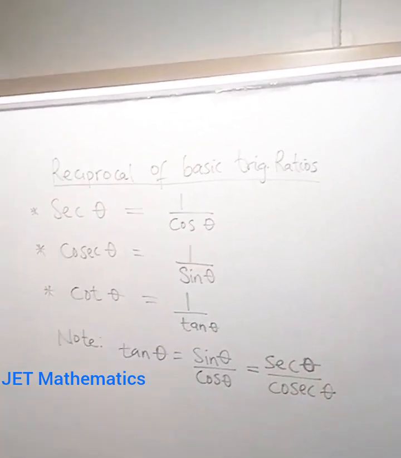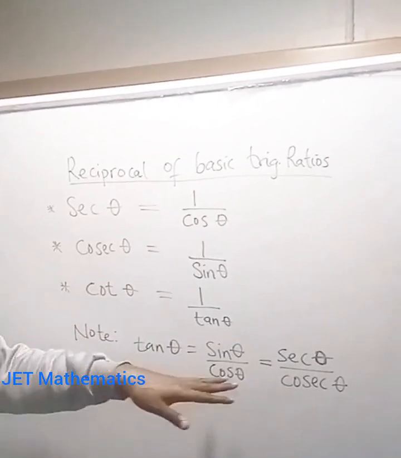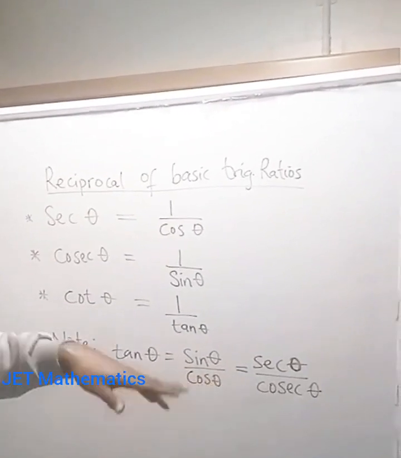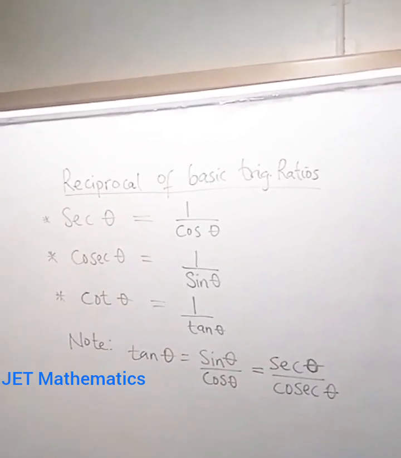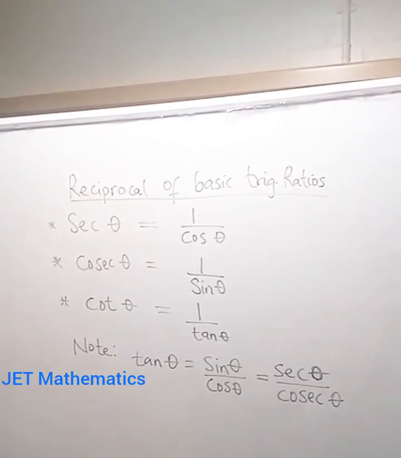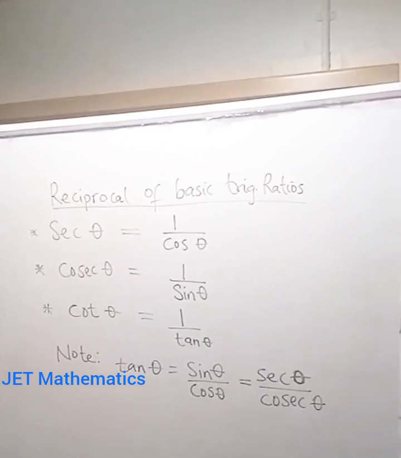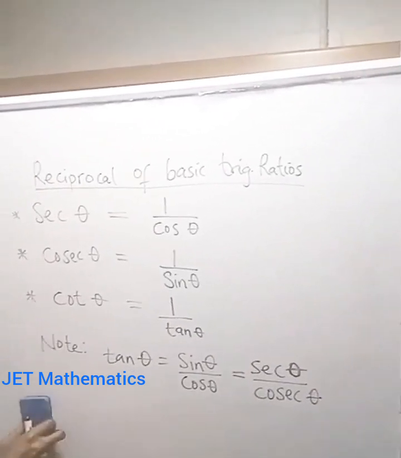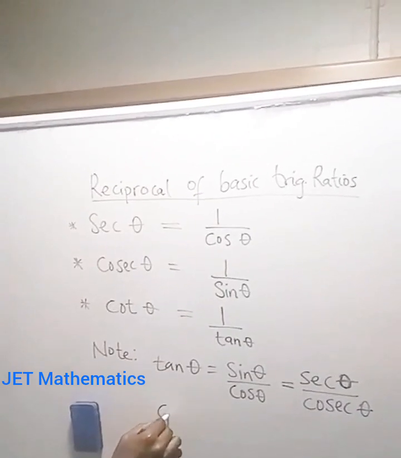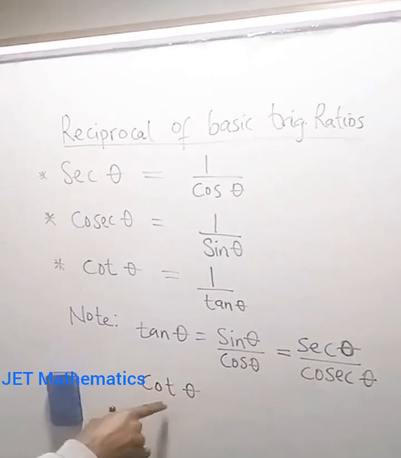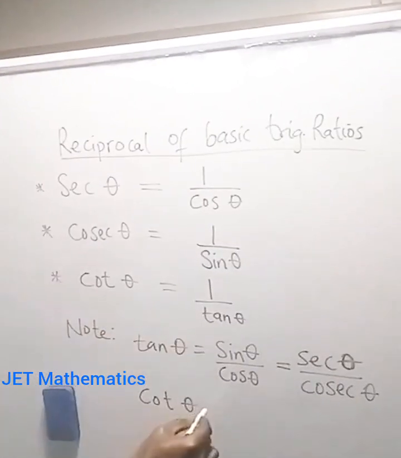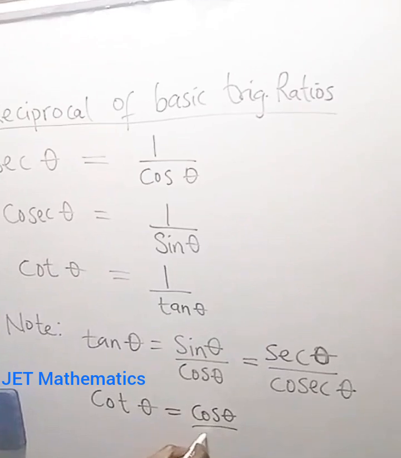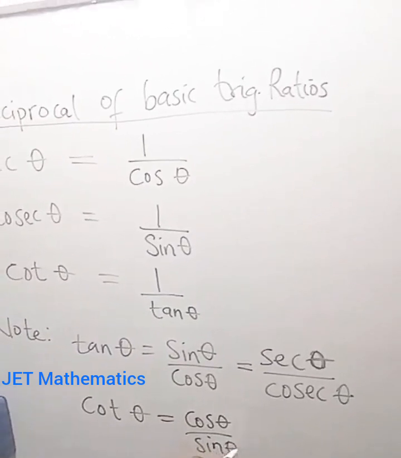Okay, so I don't have time to start proving these relationships, but they hold, they are true. Okay, you can as well test them with the facts we have on the board. Also note that cot theta, remember cot theta is just the inverse of tan, will be equal to cos theta over sine theta, that is the inverse of this.